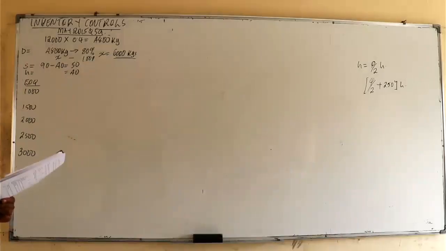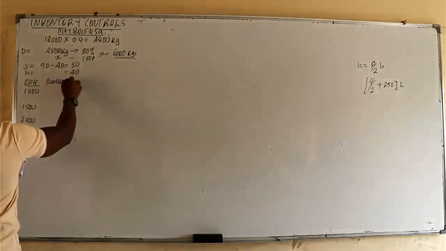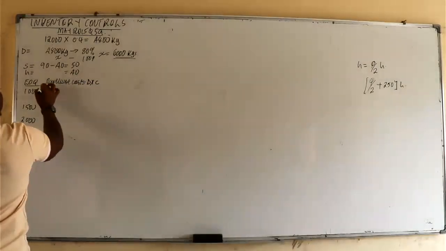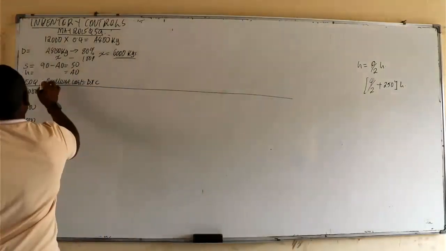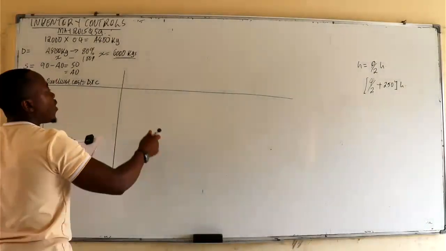To get the total cost, number one, there is purchase cost. How do we get the purchase cost? It is D times C. Then we also need to determine the ordering cost.